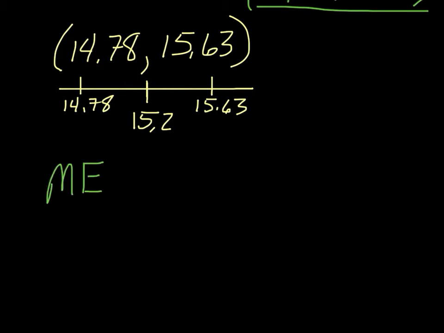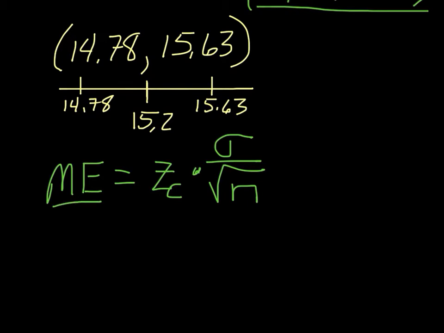So margin of error is equal to z critical value times the standard deviation over the square root of the sample size. And if you knew what margin of error you wanted and what your confidence level was, so you could find your critical value, and you knew what standard deviation you were using, then the only unknown variable would be the sample size.